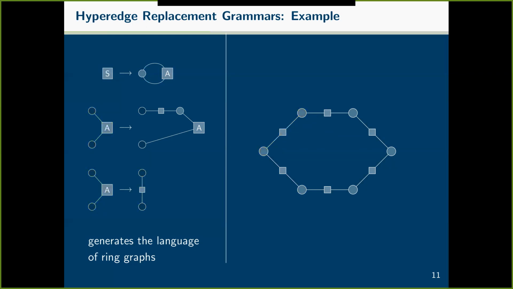And now we have a graph that has no non-terminal hyperedges left in it. So we're done generating, and this is our terminal graph. And so in general, this particular hyperedge replacement grammar generates the language of all ring graphs with one or more nodes. So are there any questions about how that works?